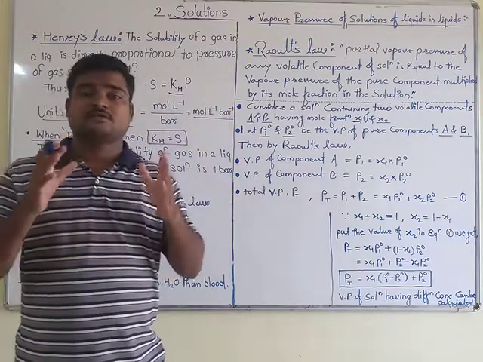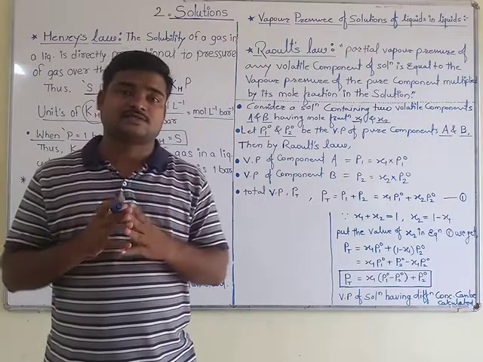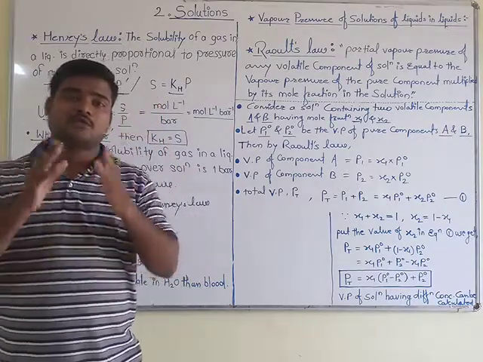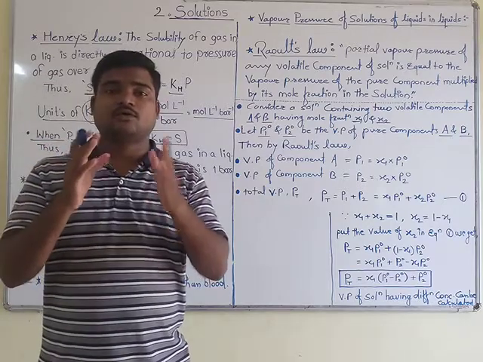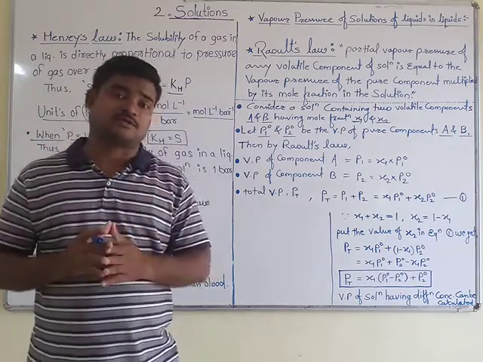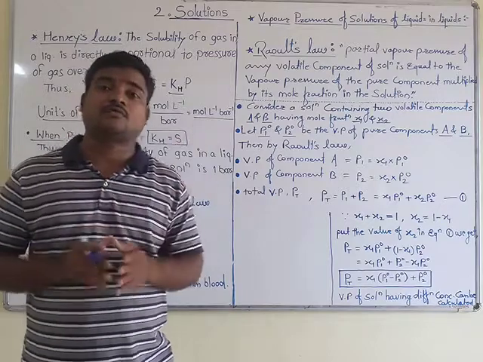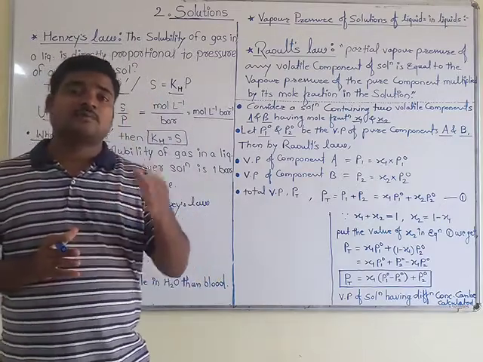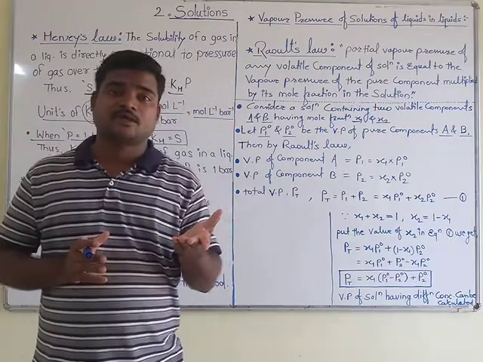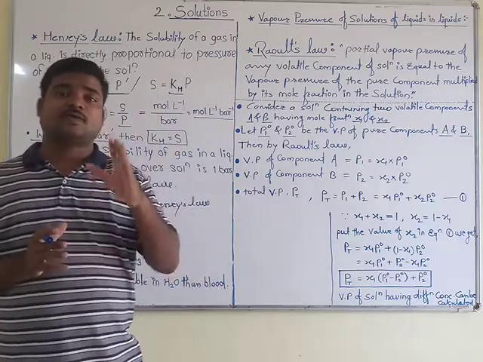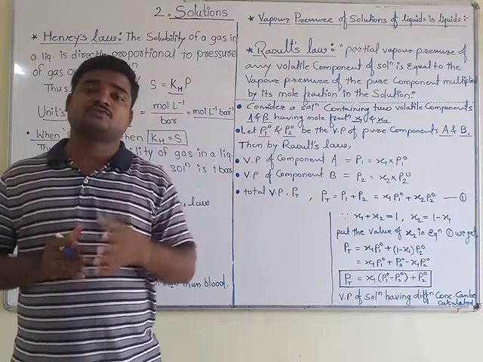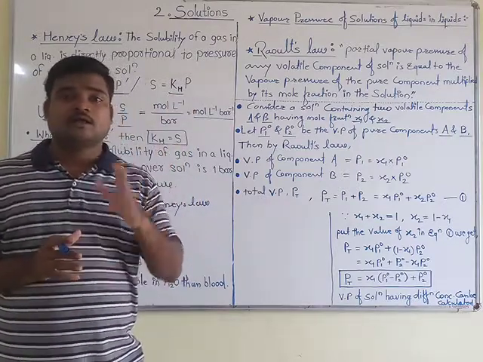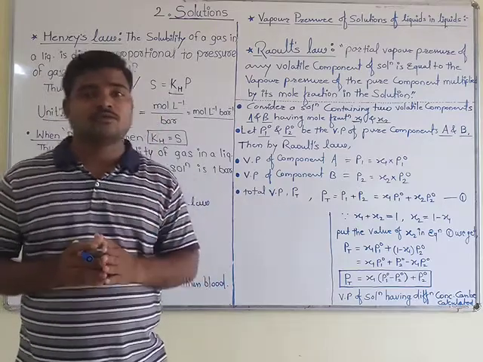Now this is the case for volatile liquids. Non-volatile liquids do not have that much vapor pressure as compared with volatile components. If the liquid is evaporating very fast, the molecules coming out from that liquid are more in number, hence vapor pressure is also more.